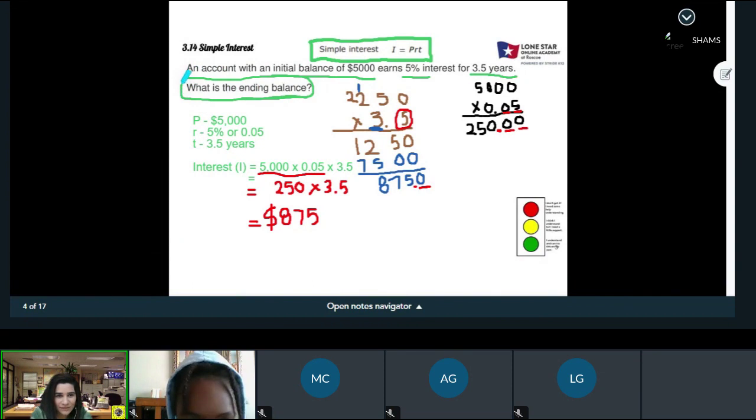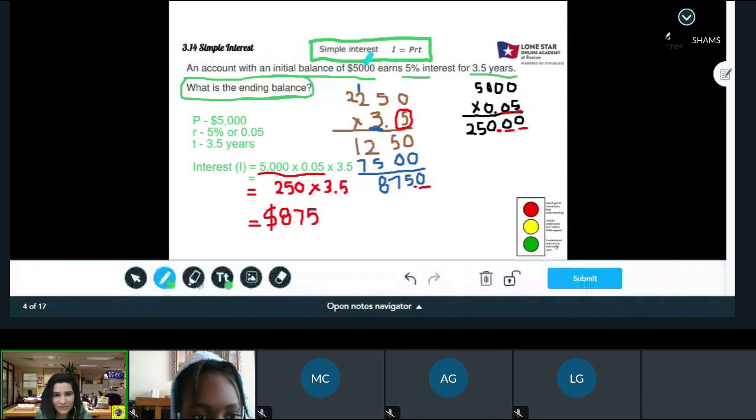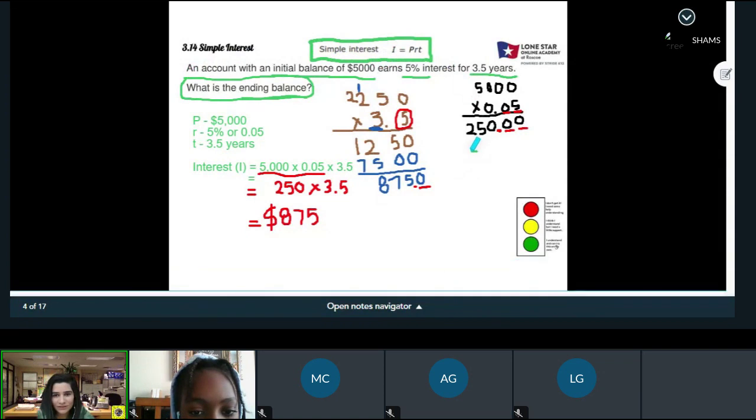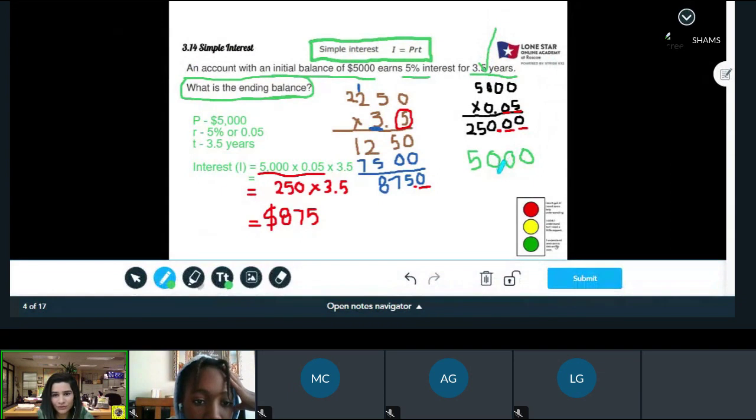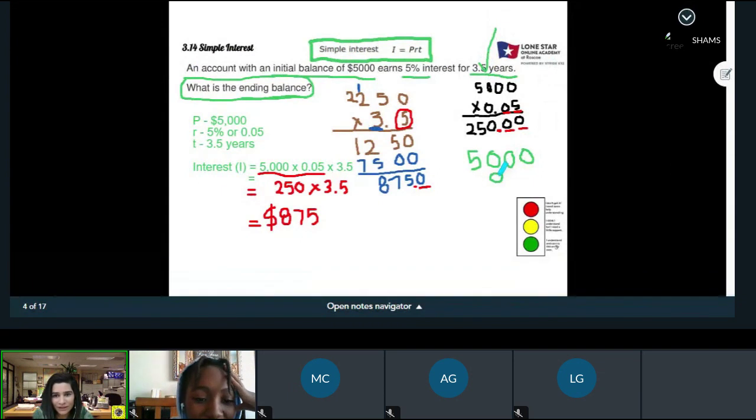In the saving account, this person has $5,000. They keep it in the saving account for 3.5 years. They earn interest of 875 because they have kept the money with the bank for 3.5 years.